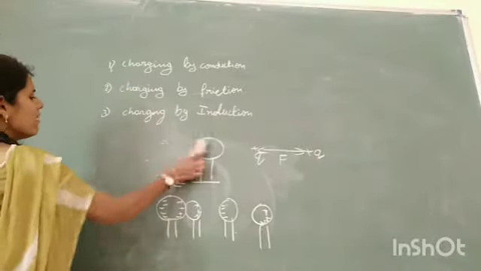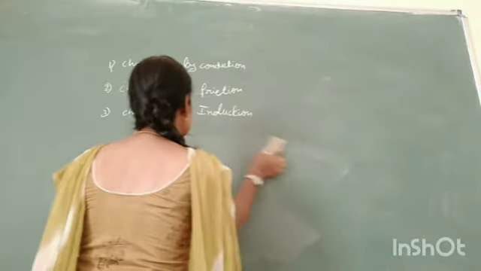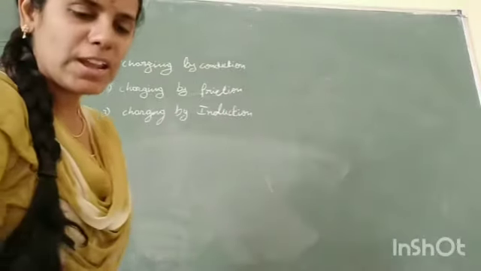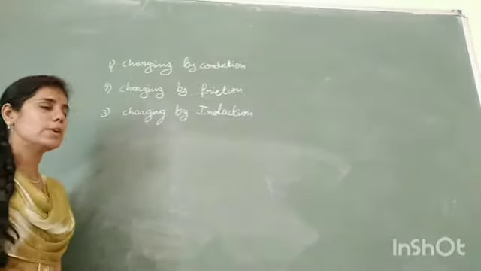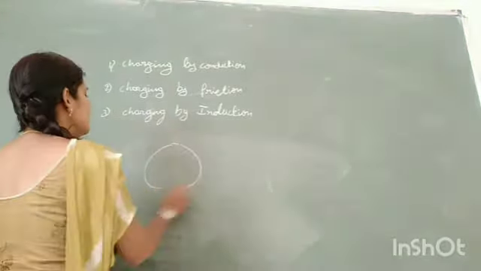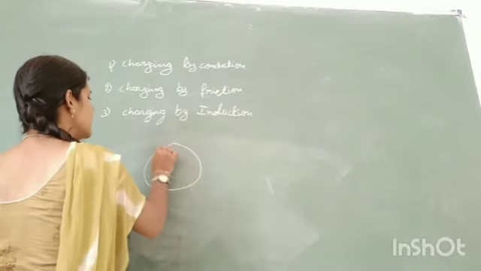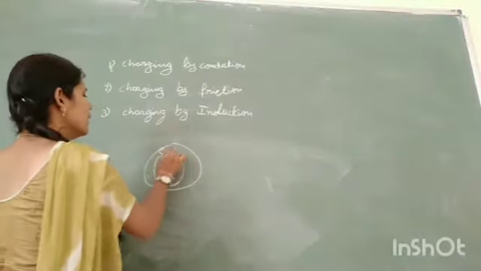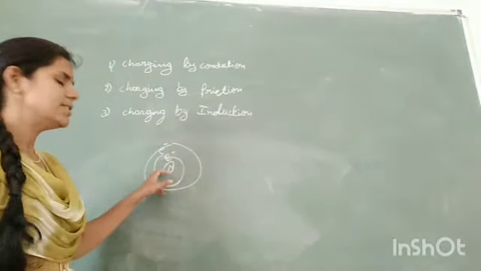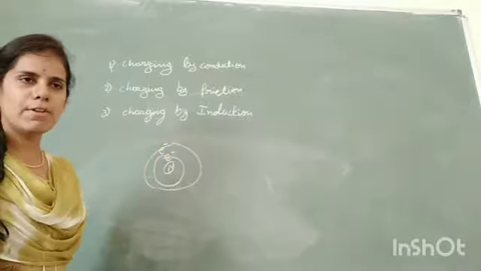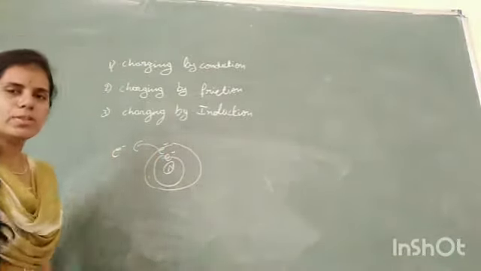How do we identify which is a positively charged body and which is a negatively charged body? How can we conclude which one is positive and which one is negative? Suppose I take an atom. In an atom the nucleus is present and electrons are revolving. Clear? If I remove one electron here, what happens?